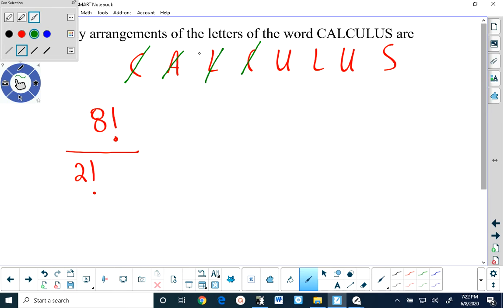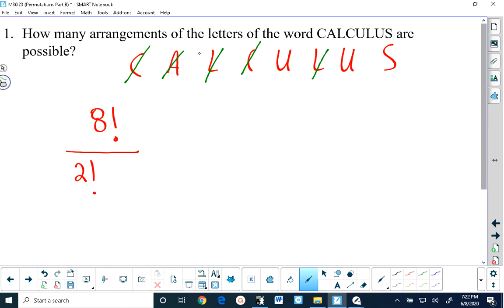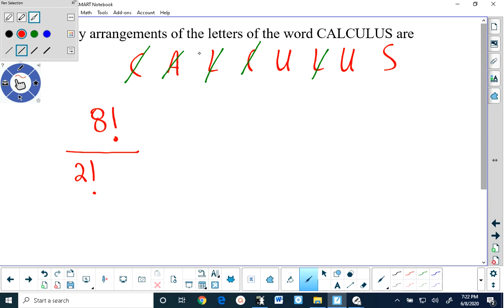L, I move left to right, and I see there are 2 L's in total, which means I need to divide by 2 factorial again. Then I go back to the left-hand side, and I start at the next letter. I have 2 U's. It's just a way to keep things organized, which would be 2 factorial on the bottom, and then I have an S, so I'm done.